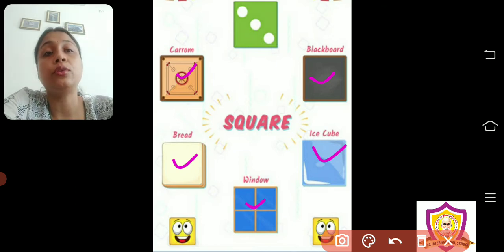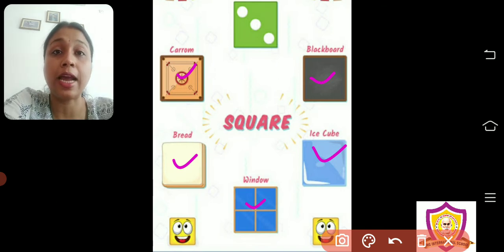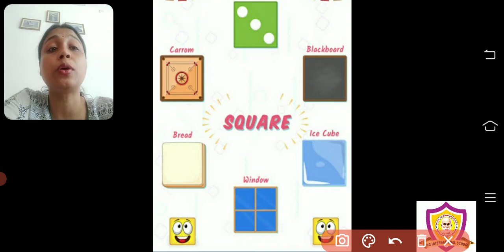Now come to window. I said some windows are square. Why? Because all windows have four sides. But in some houses windows are square, meaning all four sides are equal. But in some houses windows have four sides but all sides are not equal.